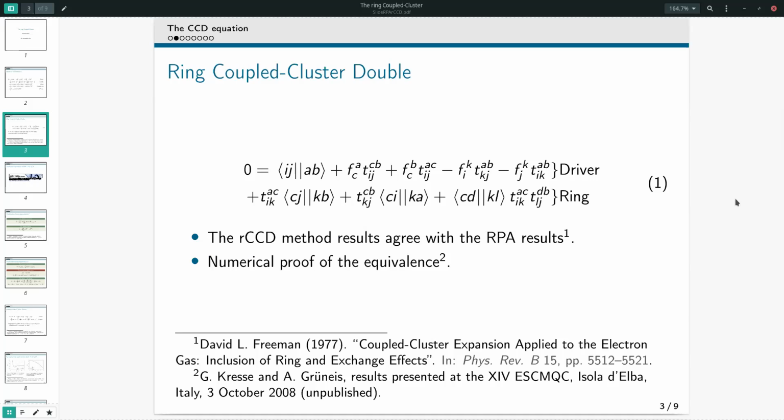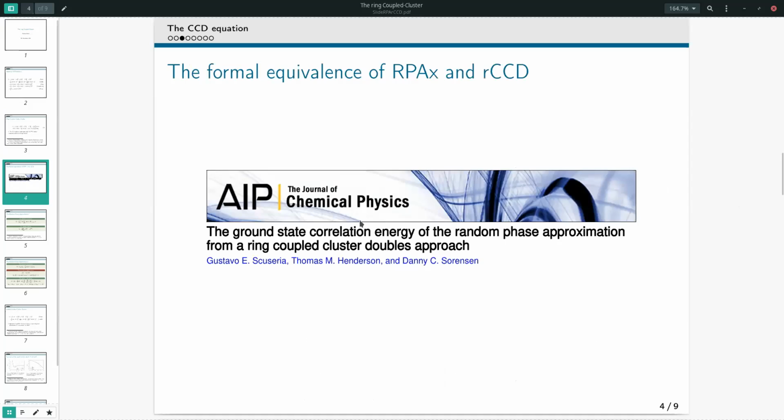Later, Scuseria proved that the equations are equivalent, and so they are the same. In those two references, they just proved it numerically, and in this paper from 2008, Scuseria proved it analytically.